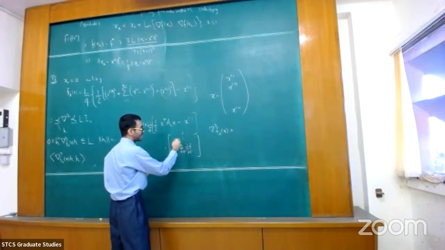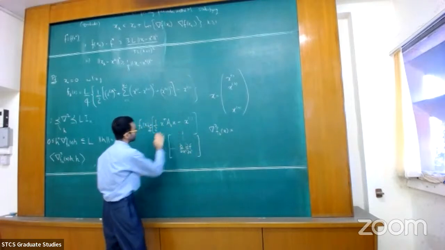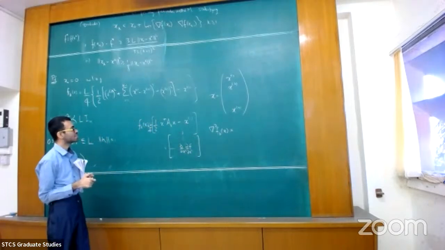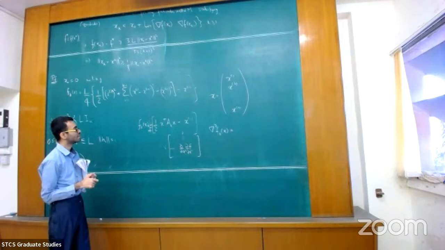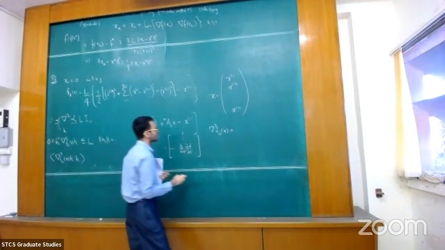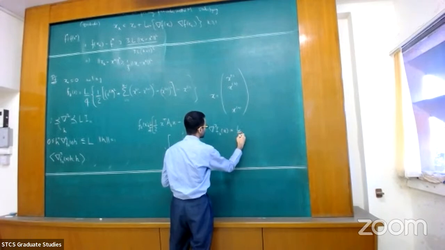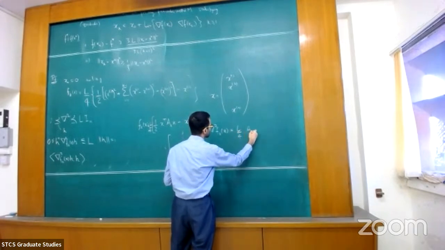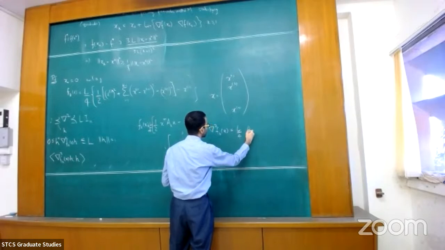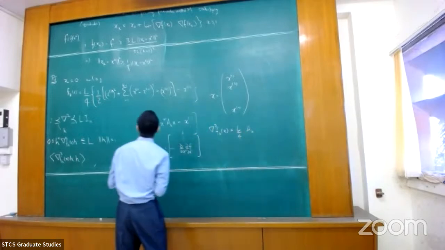So this becomes a matrix, right? What matrix will you get if you do this? You get L by 4 times Ak.